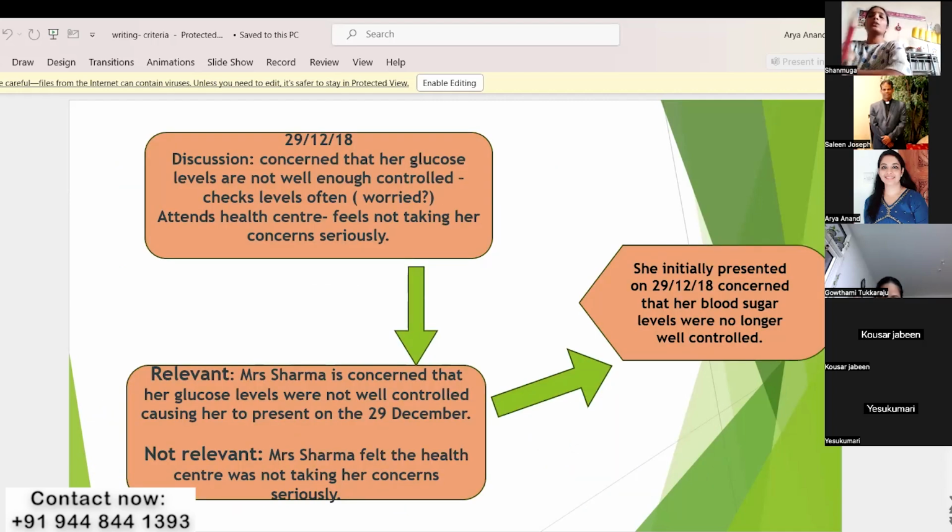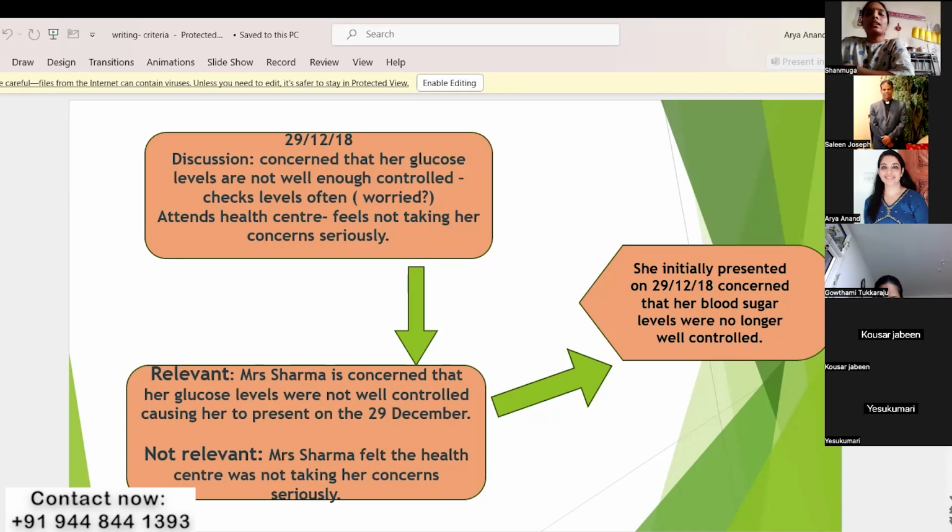If you remember the first task which was discussed in the purpose, it is the same case note here. First, the patient is coming with a 6 visit. I have given only small information from the case note: concerned that her glucose levels are not well enough controlled, checks levels often, worried, and attends health center, feels not taking her concerns seriously.